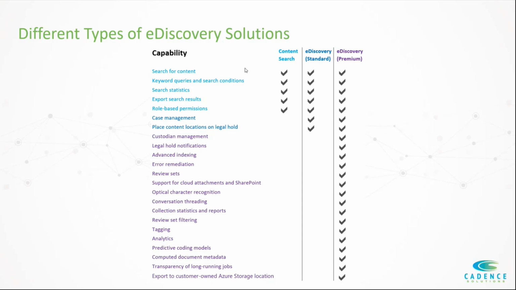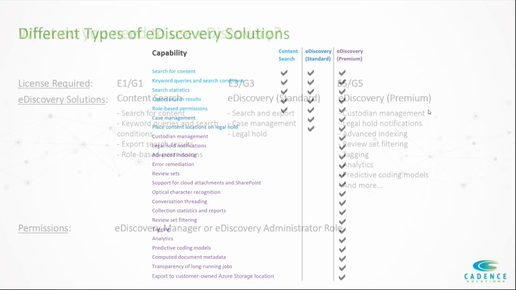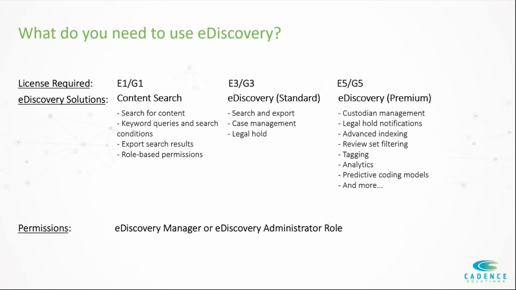Now that we discussed the three different types of eDiscovery solutions, I am going to go over what we need to use the eDiscovery solution. So basically, license requirements. For content search, if you have an E1 or G1 license, you can perform a content search. It's just searching for content and exporting the content without any case management or legal hold.